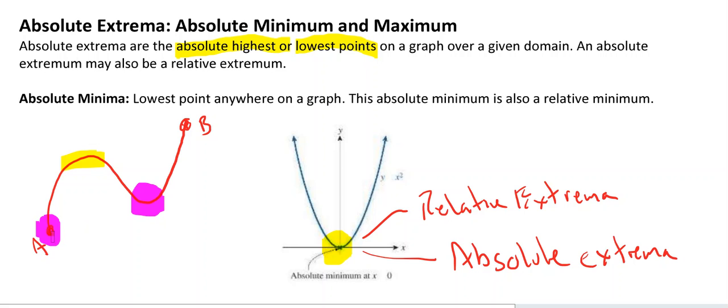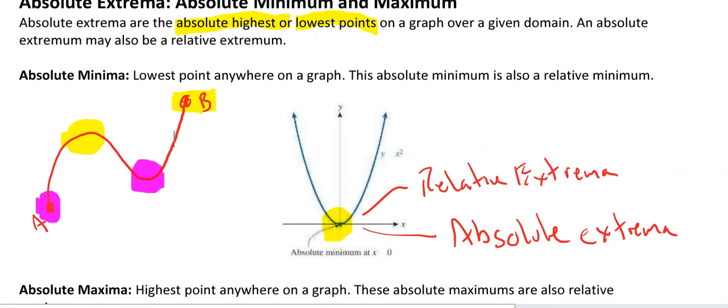And likewise, even though we have a relative maximum here, point B is the absolute maximum. So an absolute maximum or minimum point can be the same as the relative maximum or minimum, but it doesn't necessarily have to be. Let's take a look at the second example of an absolute maximum.